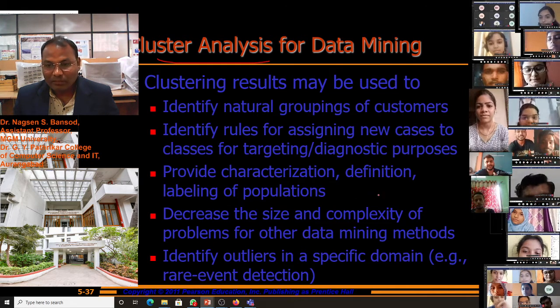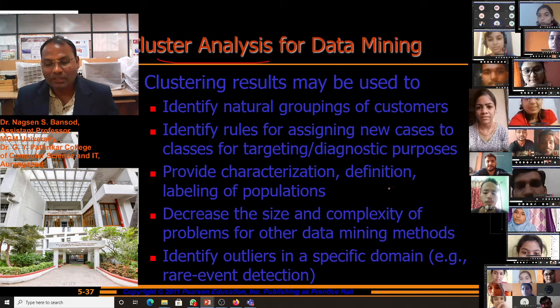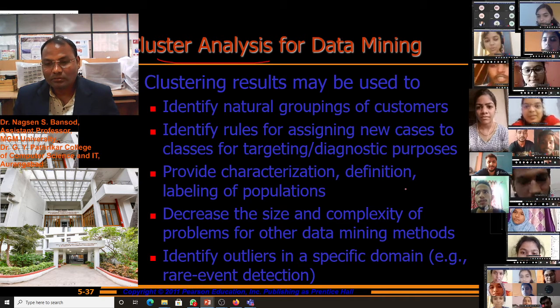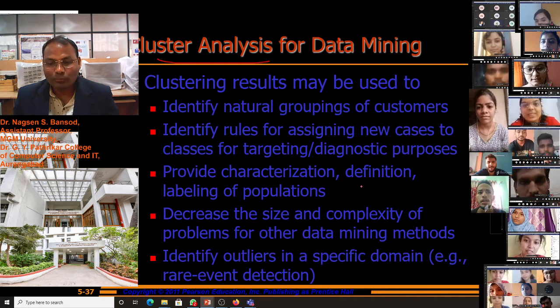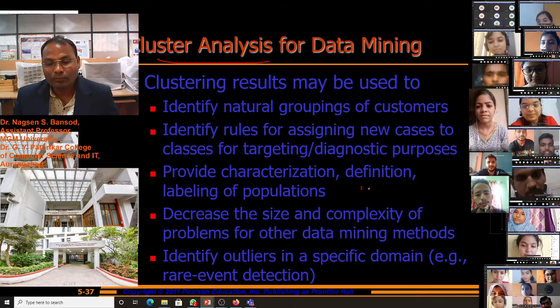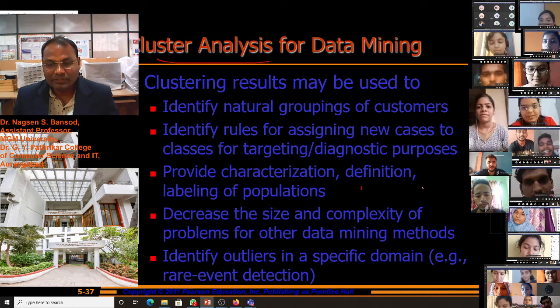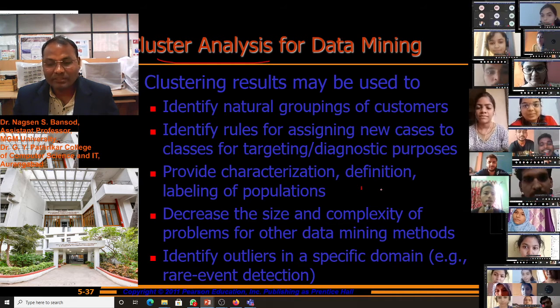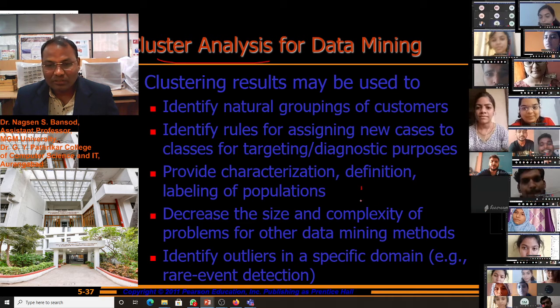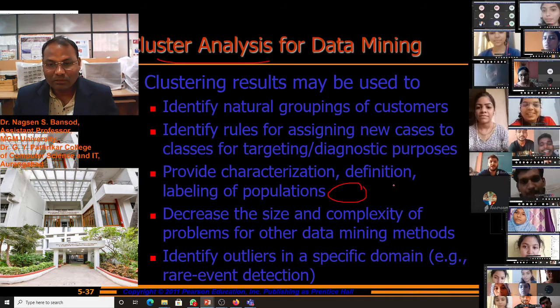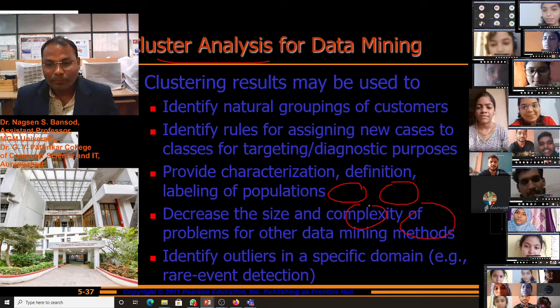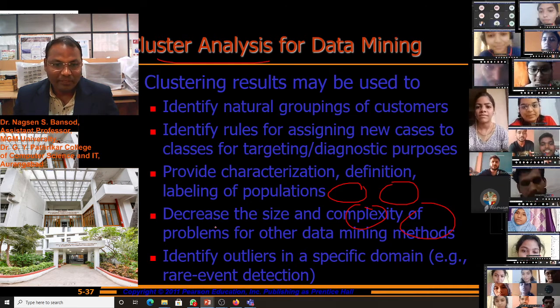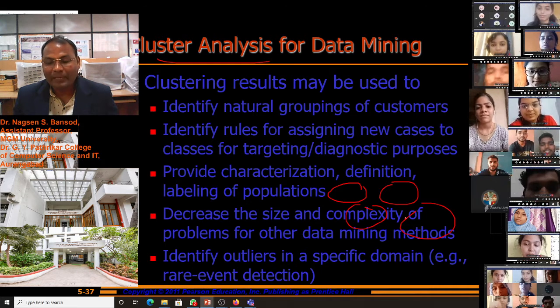We have to make the population labels, like suppose lower income group, higher income group persons, urban persons, rural persons, like that we have to make the label. Then decrease the size of complexity.